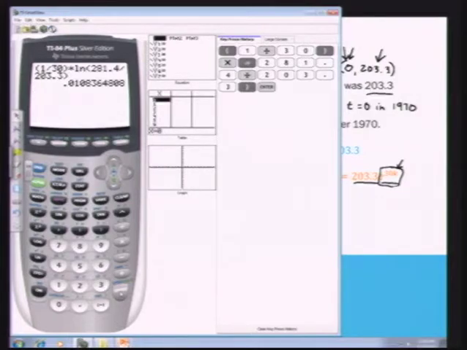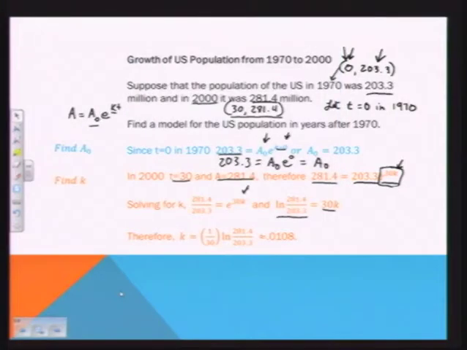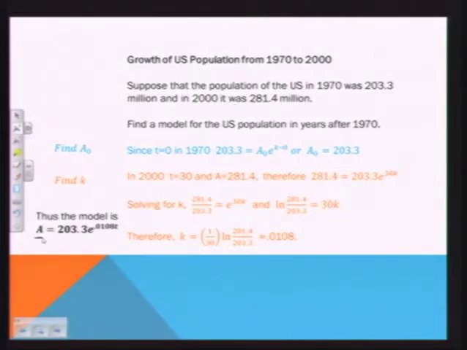Now let's go back and look at what that means in our particular example. Well, what we have found out is that we now have a model for the population of the United States. The amount at any given time, t, will equal 203.3 e to the 0.0108 t. I went 4 places after the decimal.